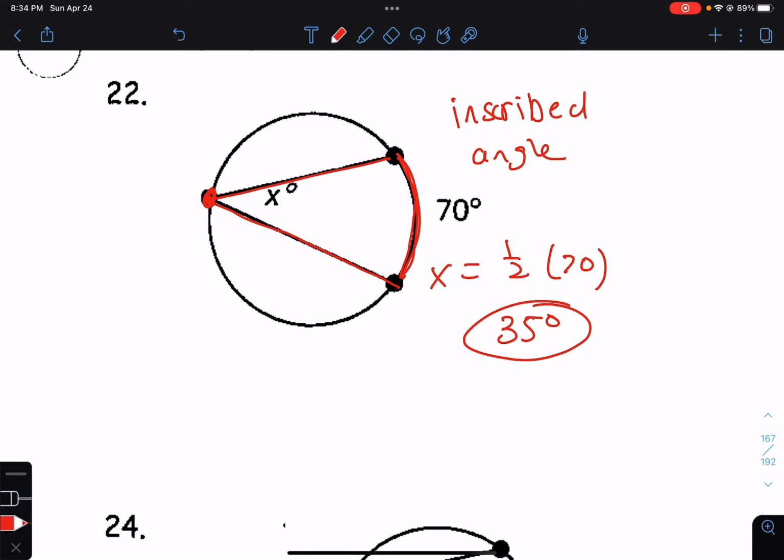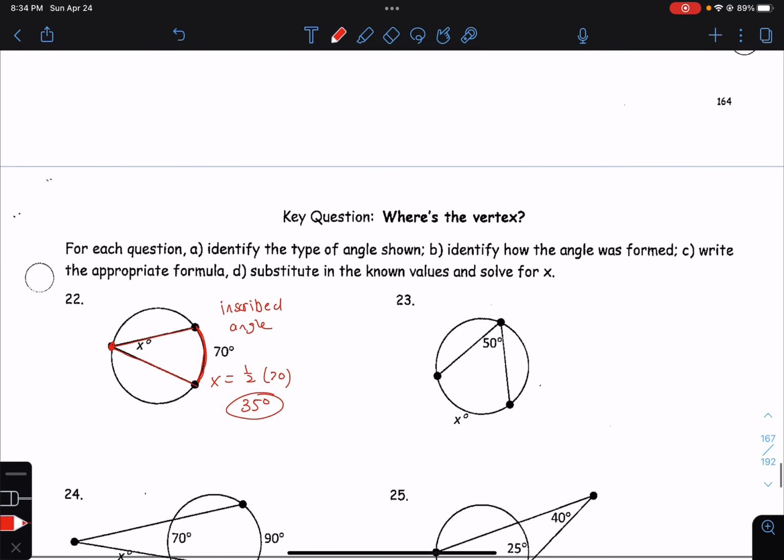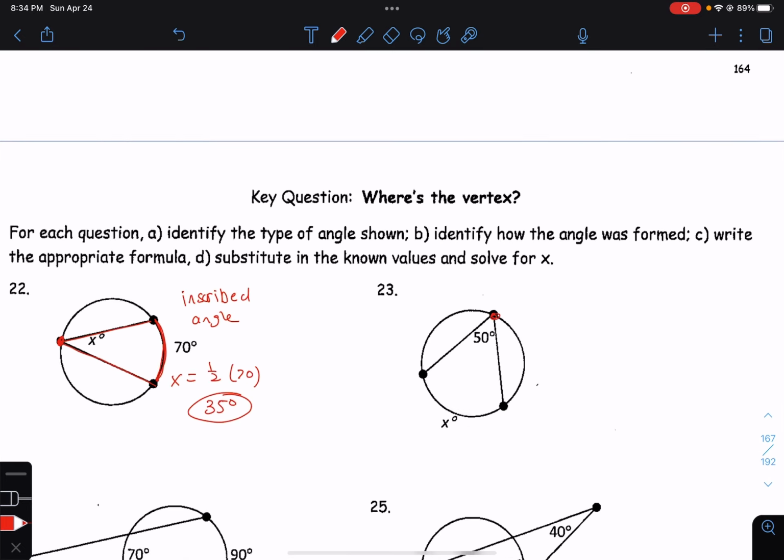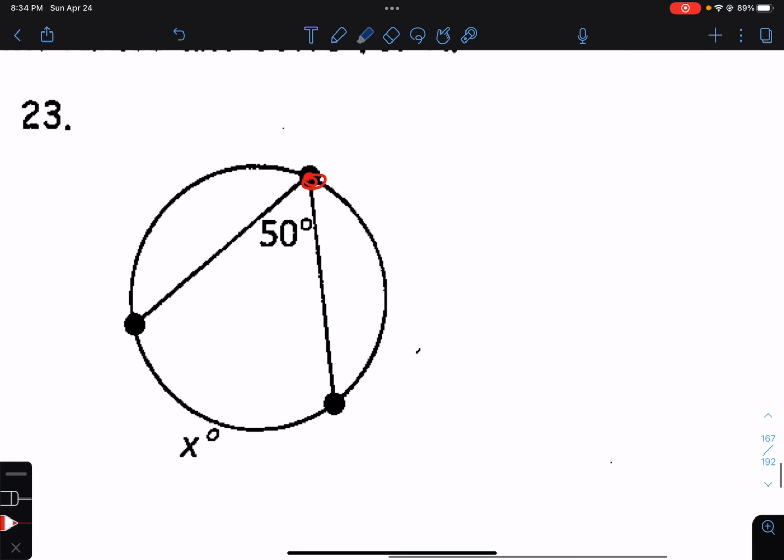All right. Now here we're doing the opposite. It's also an inscribed angle. We have our vertex on the circle, and we have our intercepted arc here. However, we're doing the opposite. This is now our x.